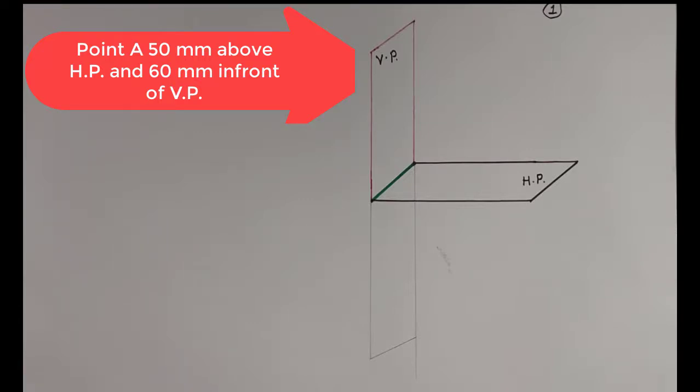Now friends, the problem statement: the point A is 50 mm above HP, 60 mm in front of VP.